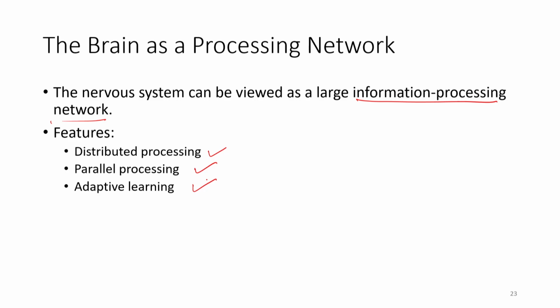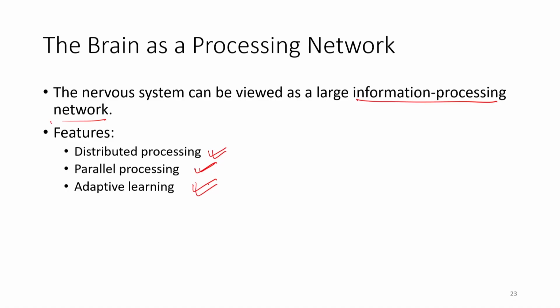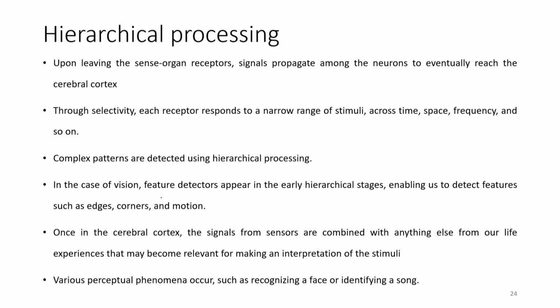There are different areas of the brain which are associated with processing different types of signals, and the processing occurs in parallel. It is not as if one particular stimulus is first processed and then you process another stimulus. You may process multiple stimuli in parallel, and as you process stimuli you keep learning. So, that is the phenomenon known as adaptive learning.